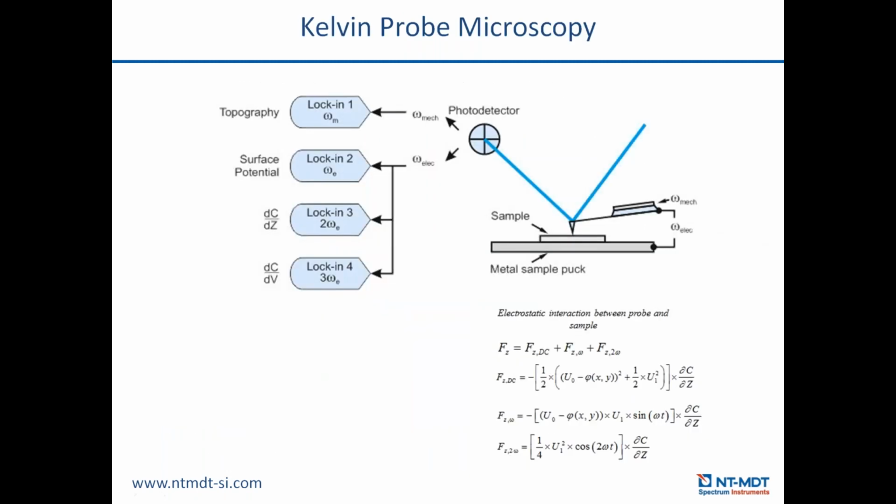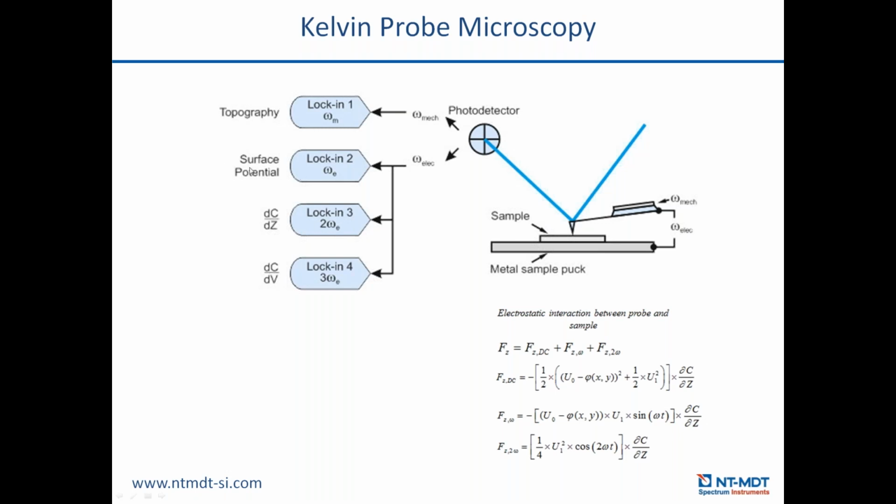So the next part of slides is dedicated to electrostatical studies of samples and of smart materials. Electrostatical studies can be done if we have a conductive tip. We place a sample on the conductive puck and excite the alternating voltage between the tip and the sample, looking at the electrical response of the tip to the sample electrical properties at different frequencies.